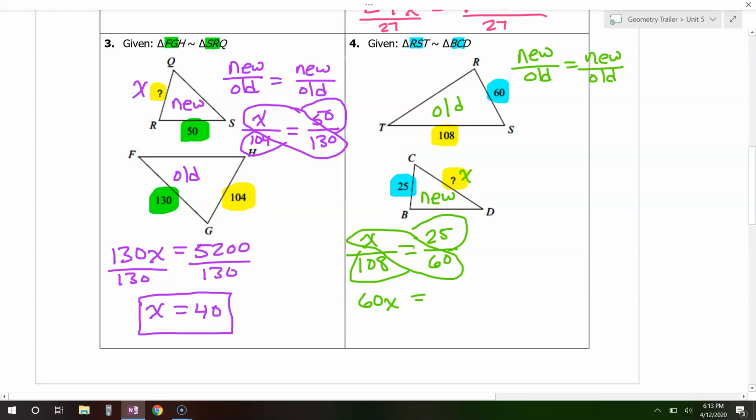So just grabbing the calculator, and I'm getting 2,700. And the last step is to just divide both sides by 60. So that's going to give us x equals, all right, divided by 60, and I'm getting 45.